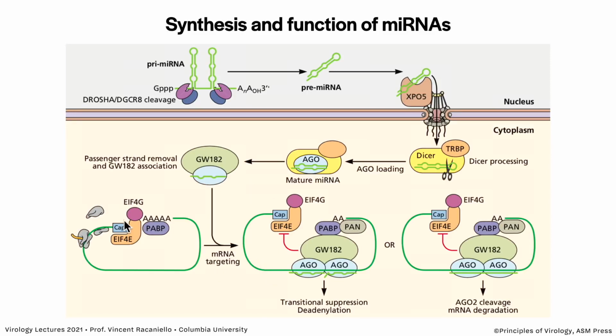So here we have an mRNA being translated in the cell, and if this microRNA is complementary to some part of it, then this complex is going to bind to the mRNA by virtue of the complementarity of the microRNA. Then this argonaute is actually a nuclease that can degrade the mRNA, or this complex can do translational suppression.